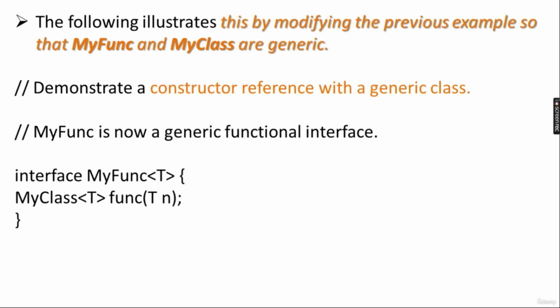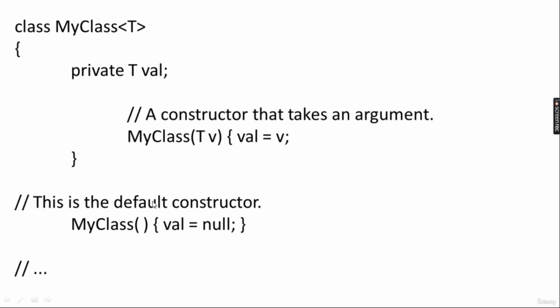Now we will see this by modifying the previous example so that my function and my class are both generic. So my function functional interface is now generic, and it is creating the my class object which is also generic. The type is not specified here; we are directly passing T, so T can be anything.